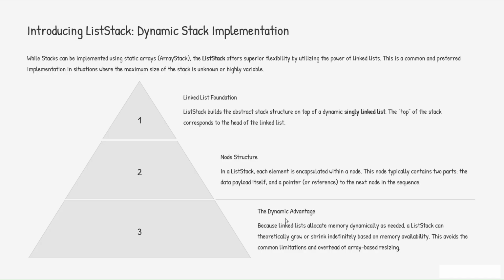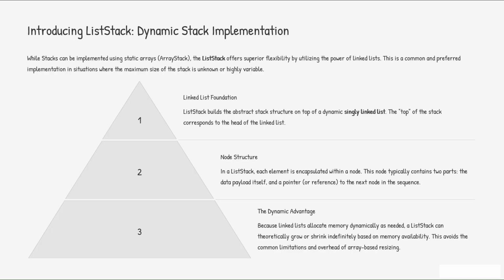When it comes to the dynamic advantage, this is the main benefit and why list stack is often preferred over array stack. Because a linked list allocates memory dynamically as needed, a list stack has incredible flexibility.